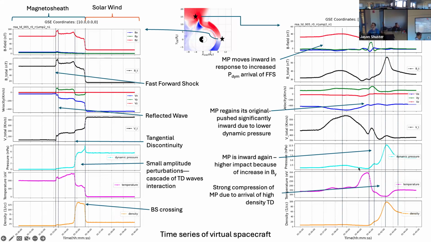But this dynamic pressure goes below the original dynamic pressure, which makes the magnetopause bulge outward more. And when this discontinuity with high density enhancement arrives, there's a strong compression in the magnetopause, and then it goes to its original shape based on the upstream solar wind conditions.